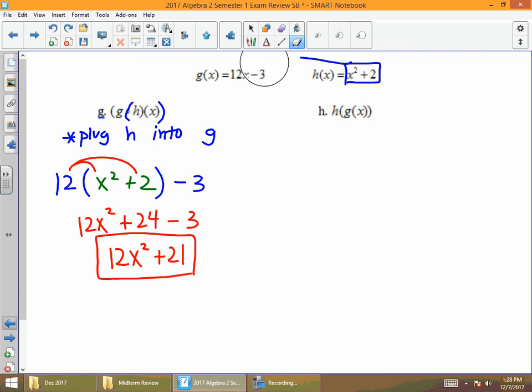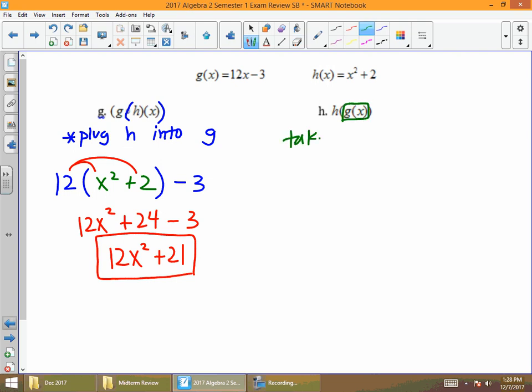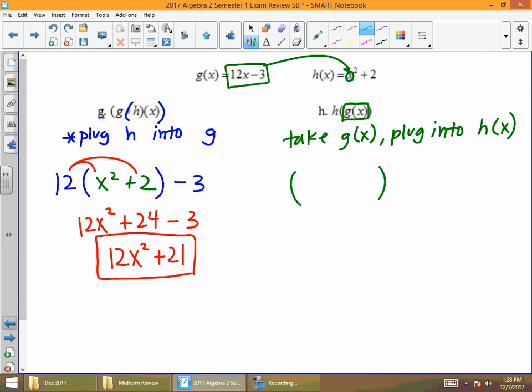We look at h. This one's the same letters, but it's backwards. So we're going to take g of x and plug it into h. So we're taking g and we're plugging it in here. Now be careful, when you plug it in, that squared is still there and that plus 2 is still there.